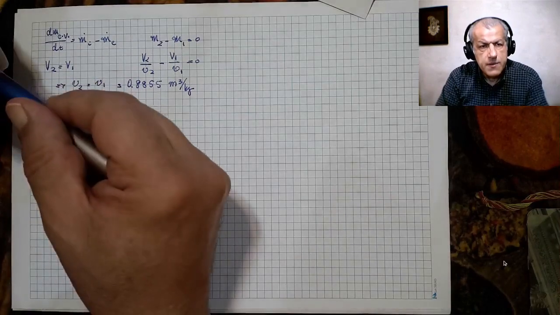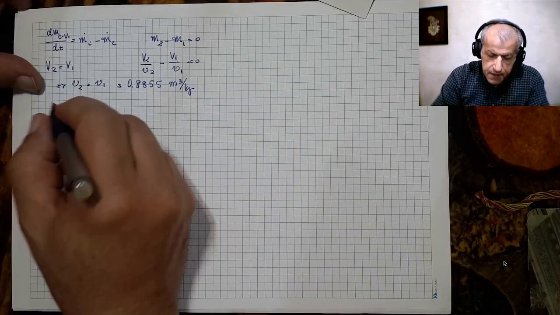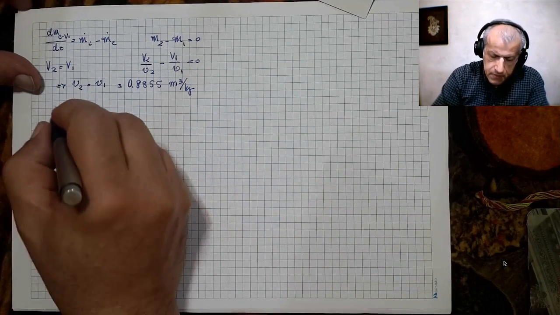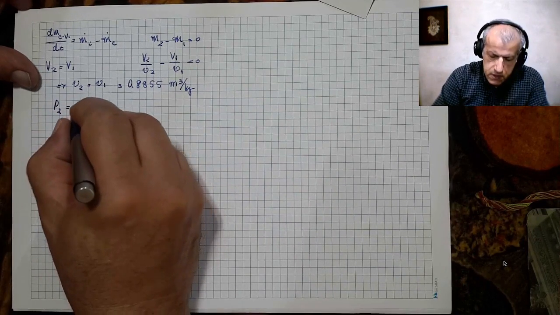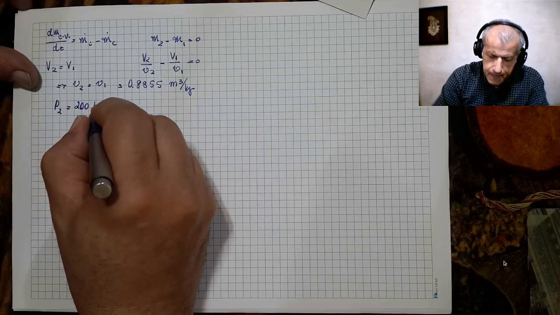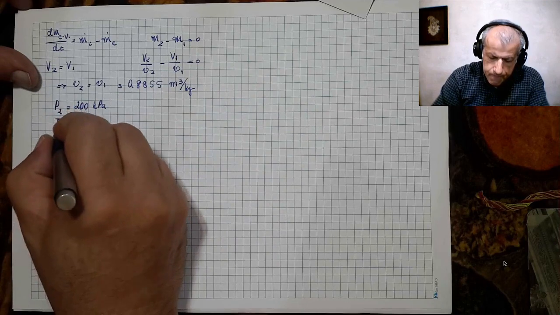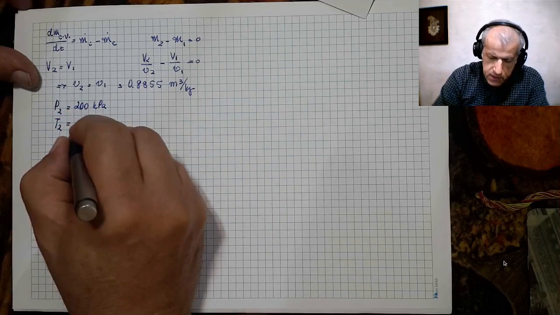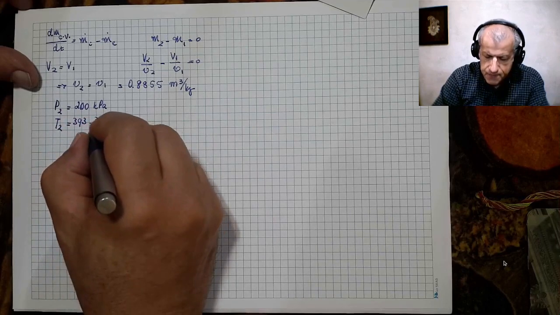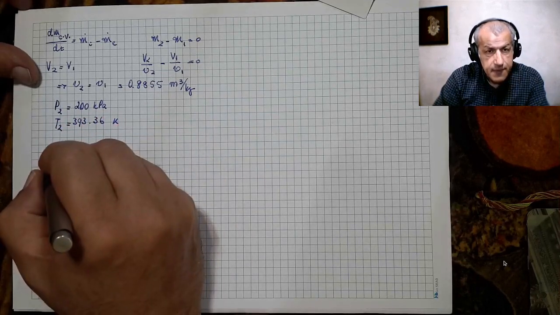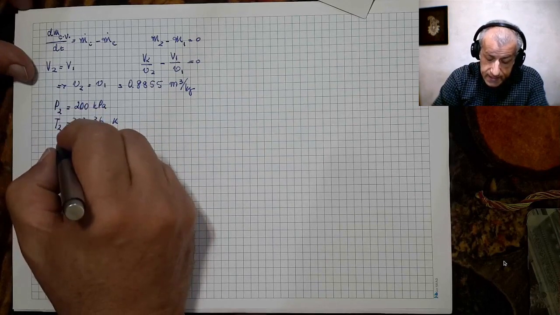So, reading from the tables, what we have is that our point 2, with a good approximation, is P2 equals 200 kilopascals and T2 equals 393.36 kelvins, and this is saturation, T2 sat.